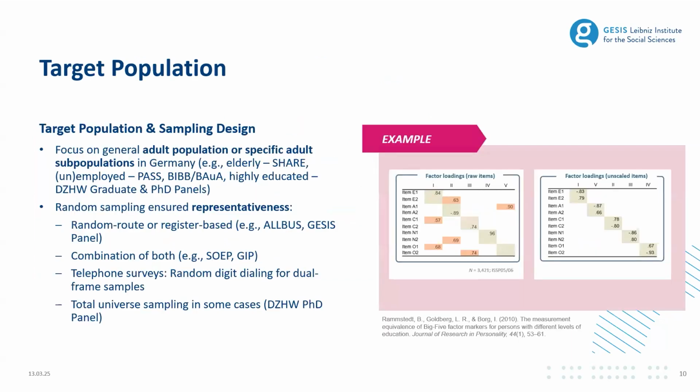The most crucial thing, of course, is the target population. As we said in the beginning, most of the surveys targeted the general adult population. Some of them target specific adult subpopulations in Germany, for example, the elderly in SHARE, or employed or unemployed people in PASS, or higher educated people, or, for example, twins in TwinLife.